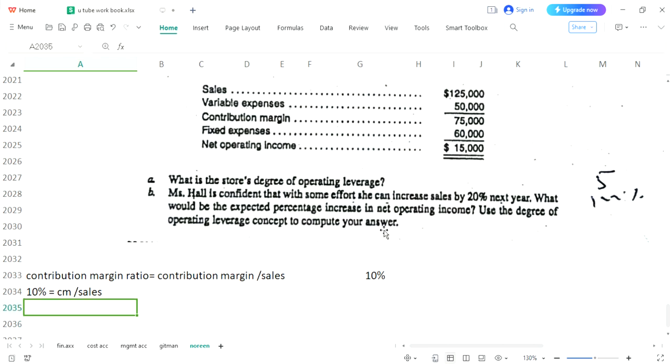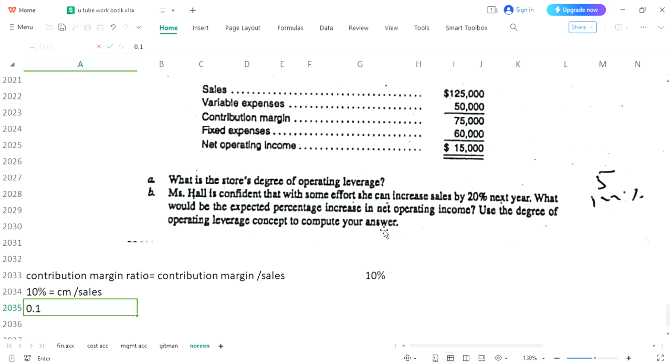I'm giving you an example. Let's say you have 1000 as your sales and you want to know how much CM is. This 10% means 10 divided by 100, which means 0.1.